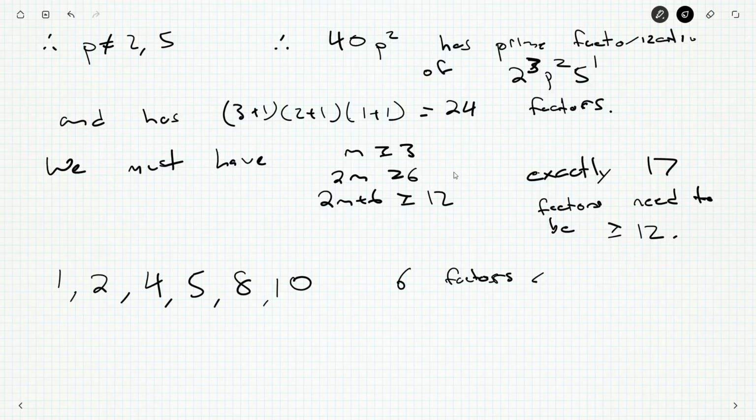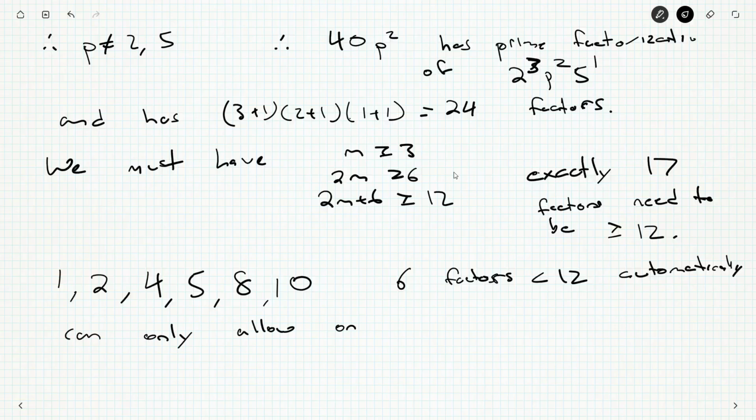So we got 6 factors less than 12 automatically. And we can only allow 1 more, unless I've missed something. Got to be very careful that we didn't. 2 times 5, no, that's it. So we can only allow 1 more such factor.